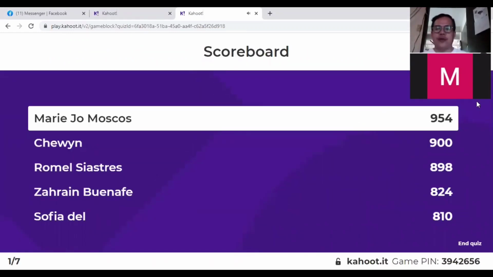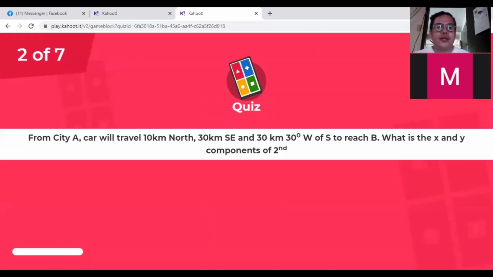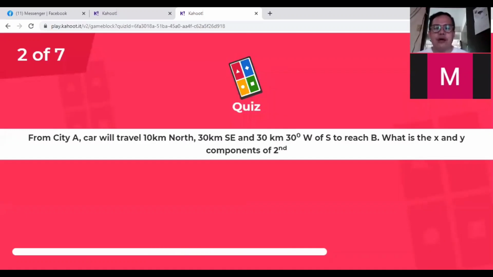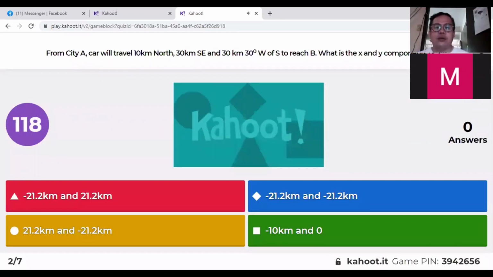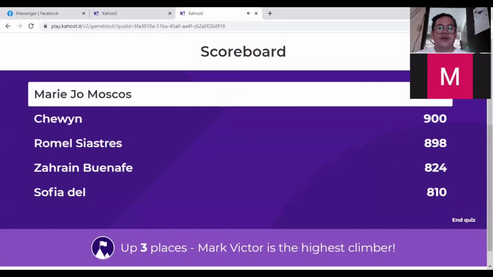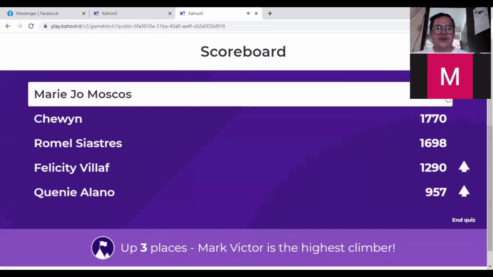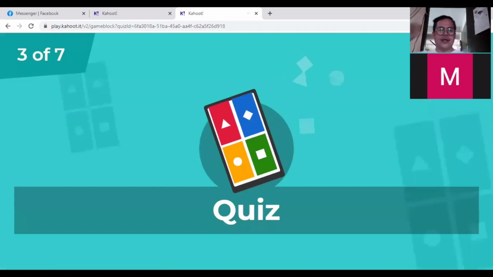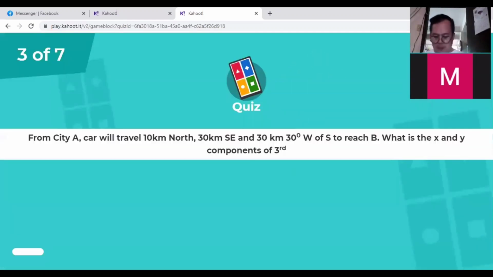From city A, a car will travel 10 kilometers north, 30 kilometers southeast, and 30 kilometers 30 degrees west of south to reach B. What are the x and y components of the second vector? Okay, 9 got the correct answer. All right, so this is our leaderboard. So let's go to the third question.